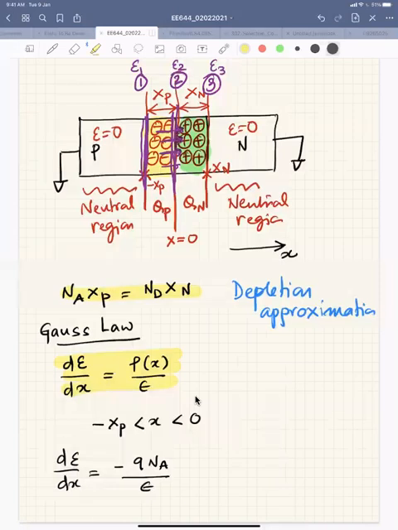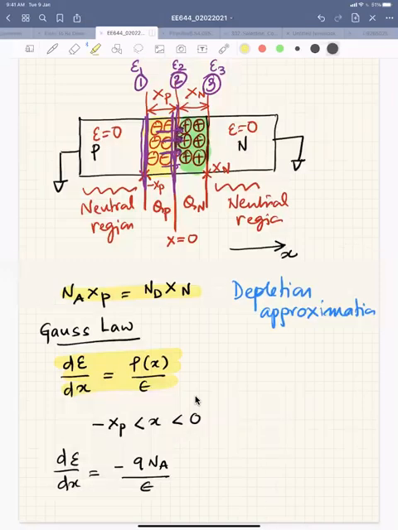I have four regions here: two neutral regions, a region with negatively charged acceptor ions, and a region with positively charged donor ion sites. In the neutral regions the electric field is zero, and if the electric field is zero there is no potential drop, so I'll not talk about the neutral regions.